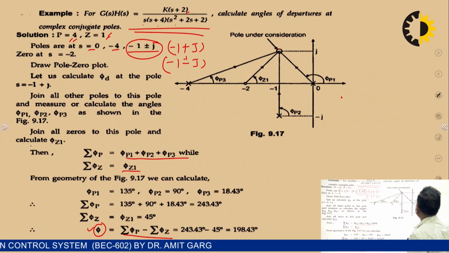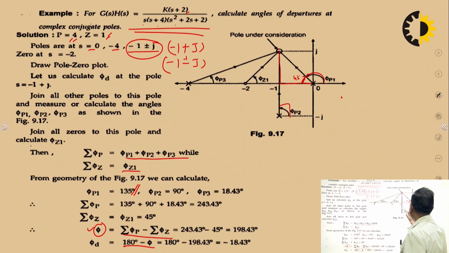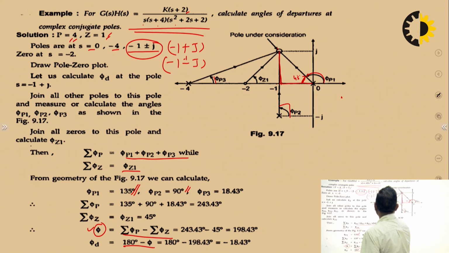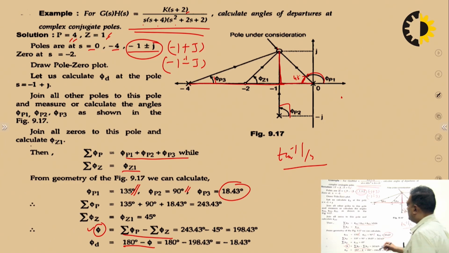This value is 1, this value is 1, so the angle is 45 degrees, so phi p1 is nothing but 135 degrees. Similarly phi p2 is 90 degrees. For phi p3, this distance is 1 and this distance is 3, so phi p3 is tan inverse 1 by 3, which comes out to be 18.43 degrees. Adding up the angles from all these poles gives 243.43.